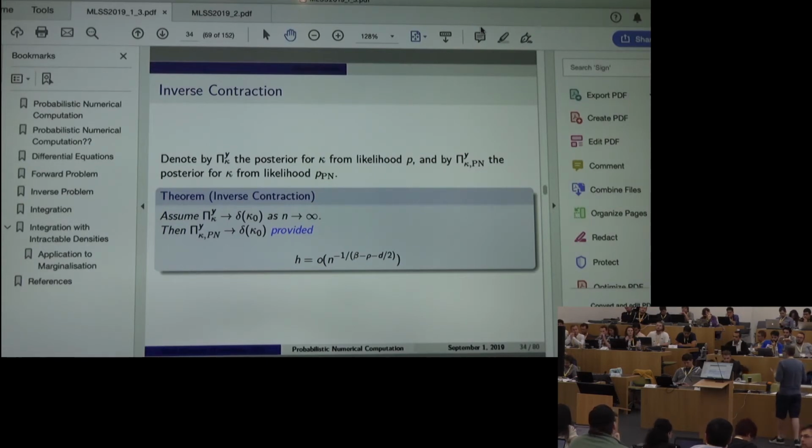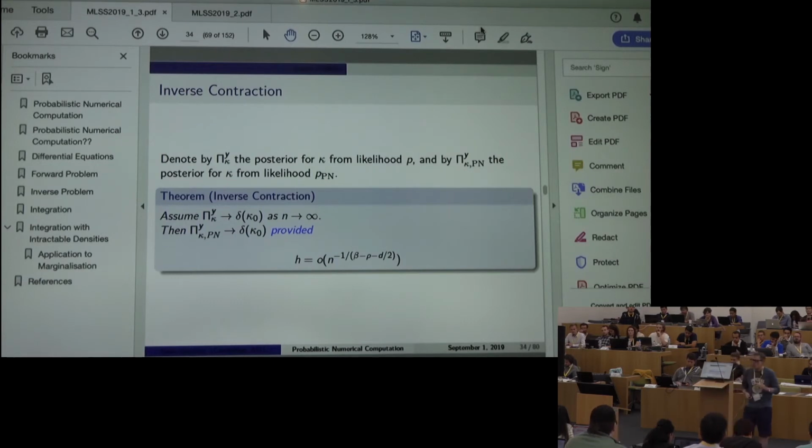This, of course, presupposes that we have complete belief in our mathematical model, that our mathematical model reflects reality in total. That will not necessarily, and in fact most certainly is not the case. But if we make that assumption, and as we observe more data, then this posterior, so our uncertainty in kappa, will start to shrink, and it will shrink to basically a Dirac on the true value of kappa that gave rise to the data from the model.